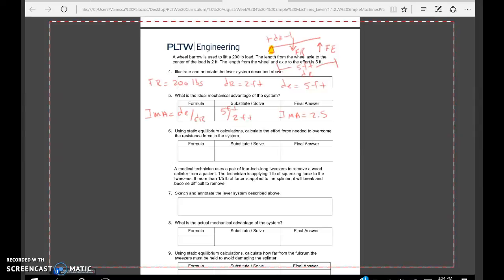Next, it tells us we are using static equilibrium equations. Calculate the effort force, which is our FE, needed to overcome the resistance force in the system. So we can use our equilibrium equation, and we're solving for FE, so we need to rearrange this to solve for FE.